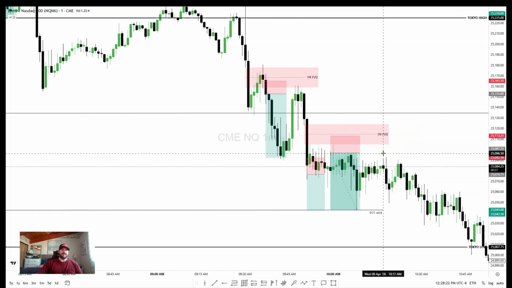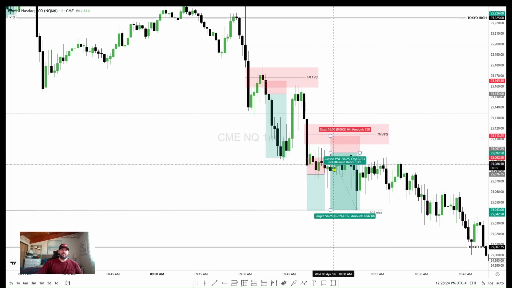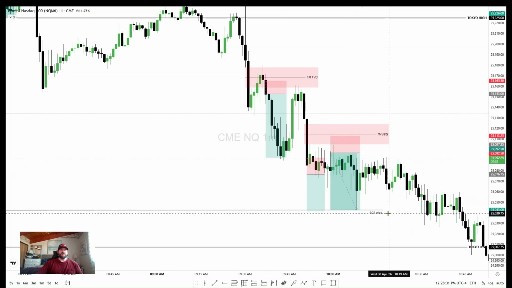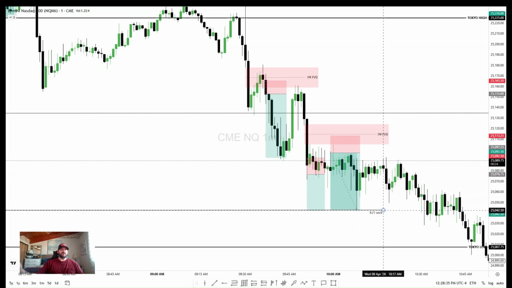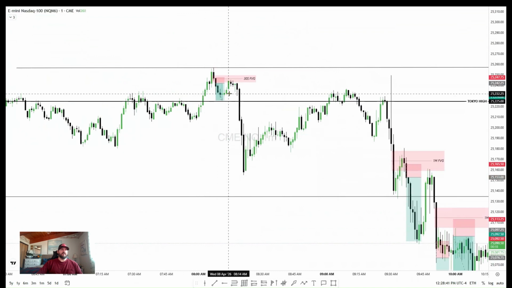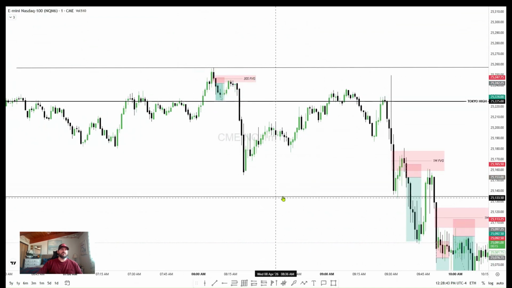As it came back down, I entered. It went down, did its thing, came back up here to my entry. I still held, and then all of a sudden we flushed to the 921 wick. Bang. And there it is. So, two fair value gap continuation models, and then this one was an A plus setup.